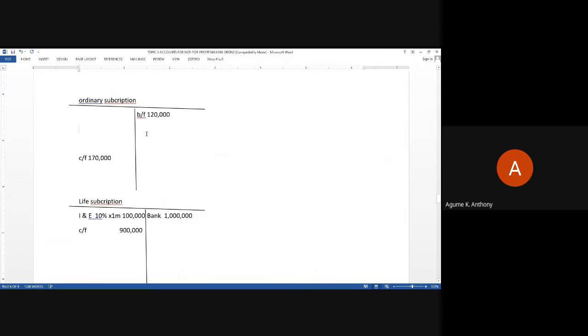So now, within this ordinary, when you check the one that was received now by bank, ordinary is 9 million. Because remember the total was 10, but out of the 10, they are saying 1 million was life. So meaning 9 is ordinary.